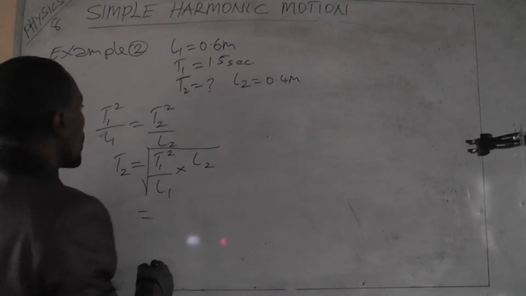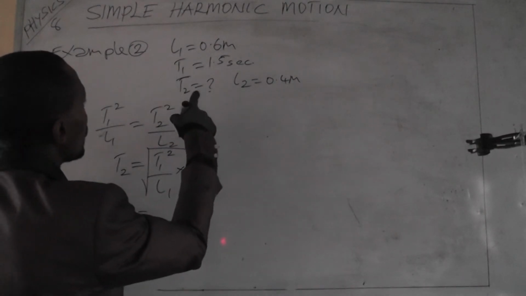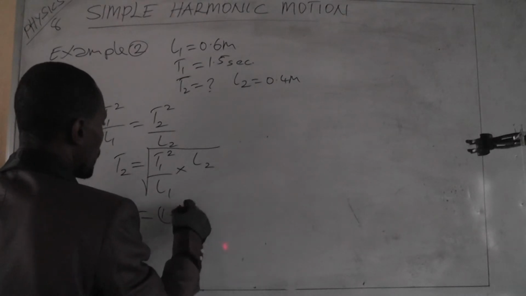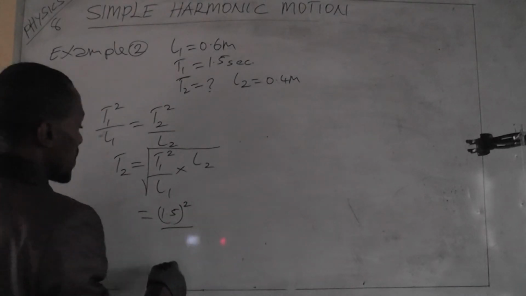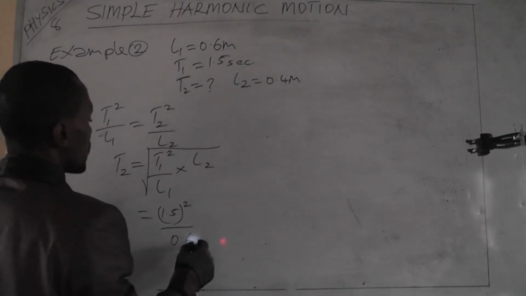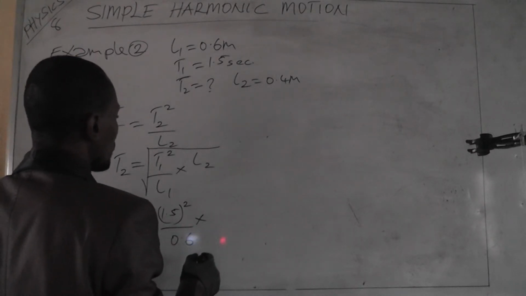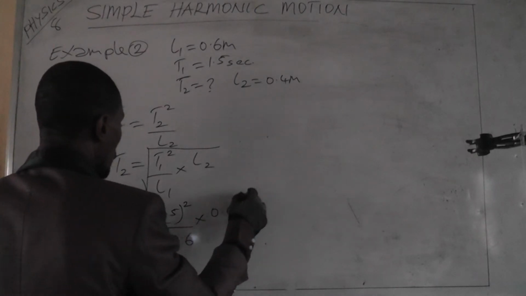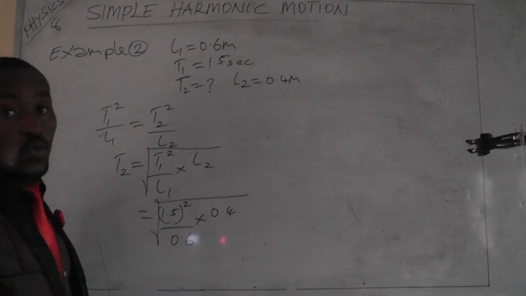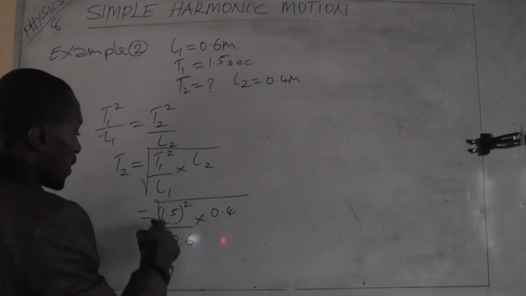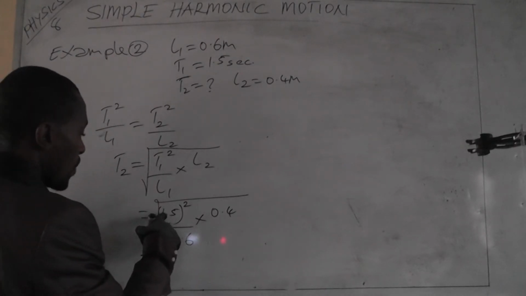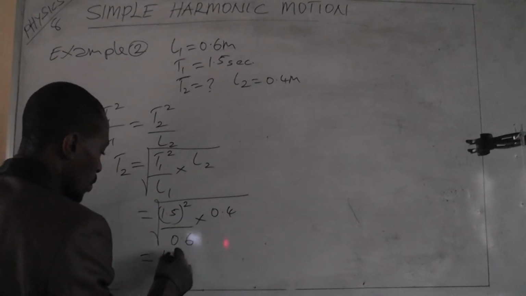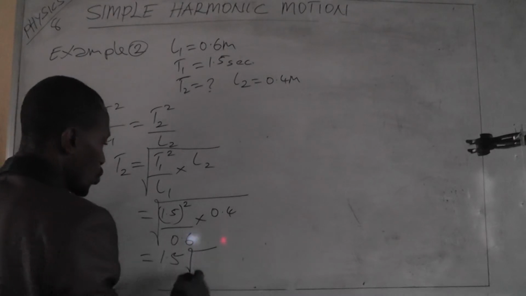So if I substitute, what is my T1? T1 is 1.5. So 1.5 square all over, what is my L1? 0.6, multiplied by my L2, 0.4. So if I do the square root of the whole of this, what do I have? 1.5 square, I can bring it out to have 1.5 root.